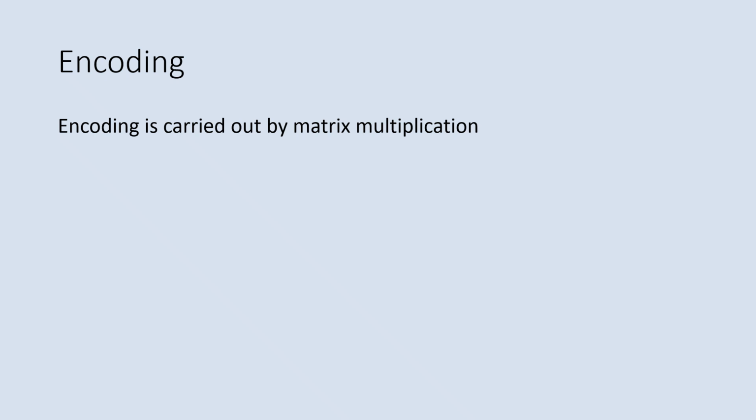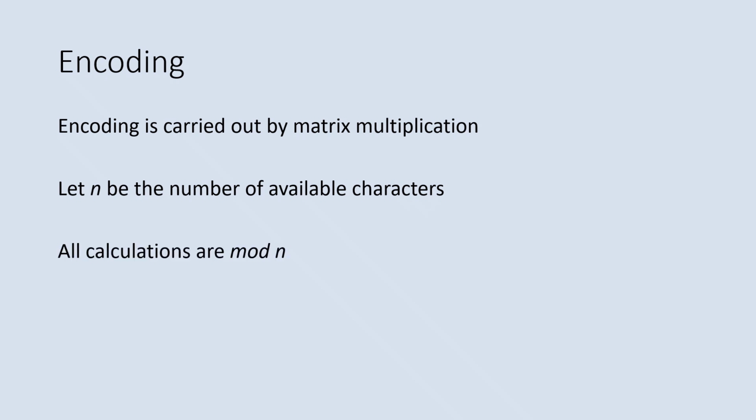So the encoding then is carried out by matrix multiplication. So we have the number of available characters, and all the calculations are then mod n. So in our case, right now, we have 26 characters, so all of our calculations will be mod 26. If we had a different number of available characters, we would use the appropriate n.